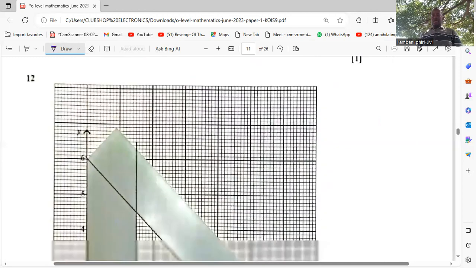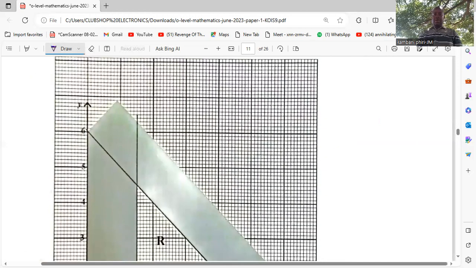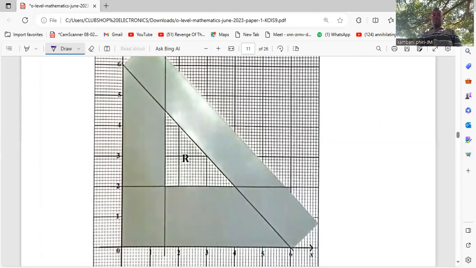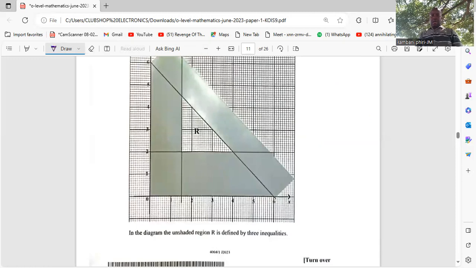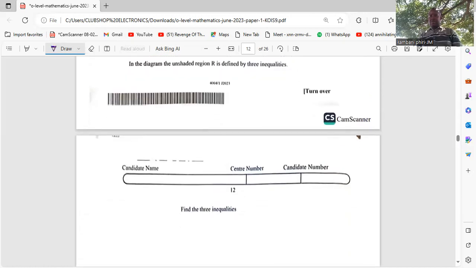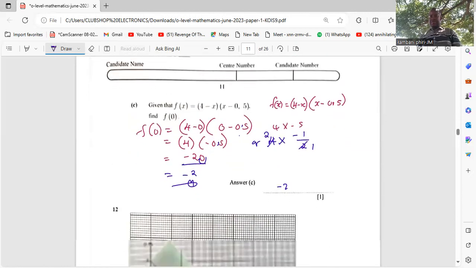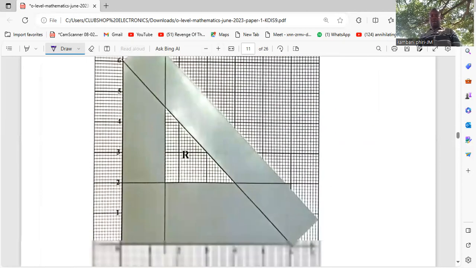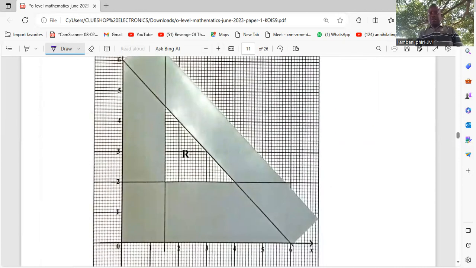All right, so let's look at questions on linear programming. I've got this: in the diagram, the unshaded region R is defined by 3 inequalities. We need to find the 3 inequalities. What we can do is come up with these lines that are straightforward.